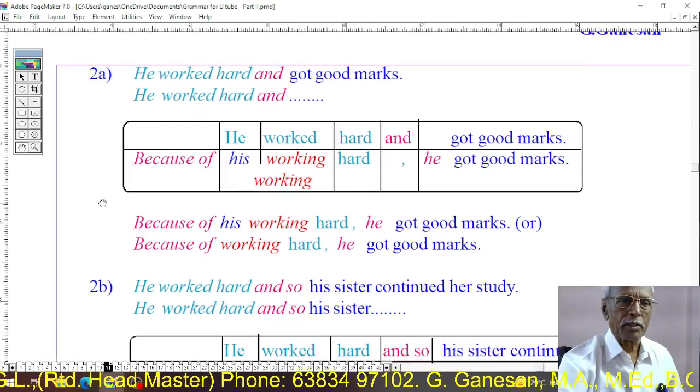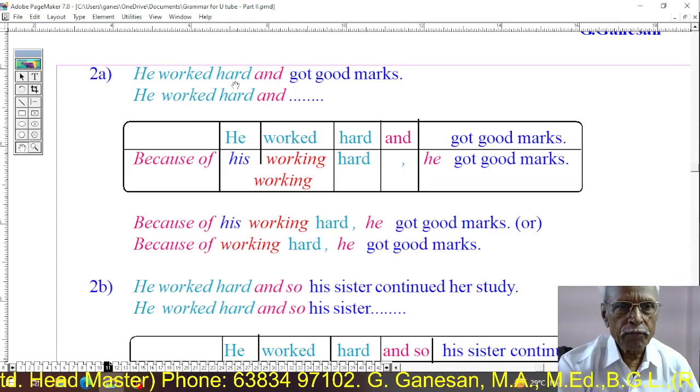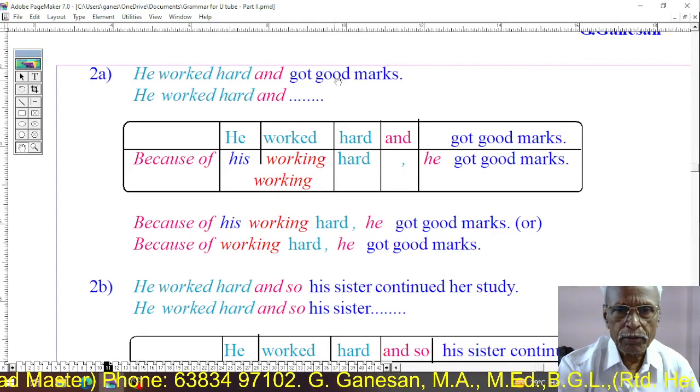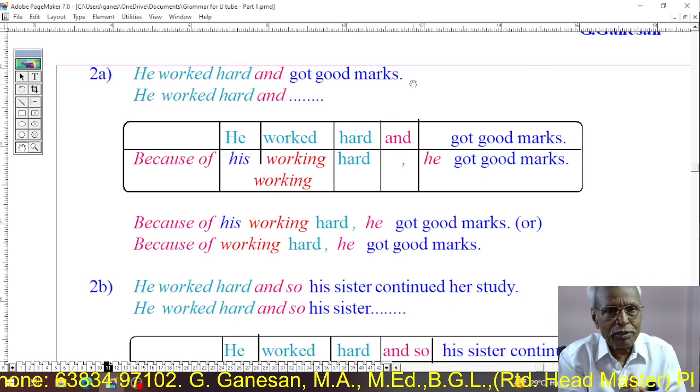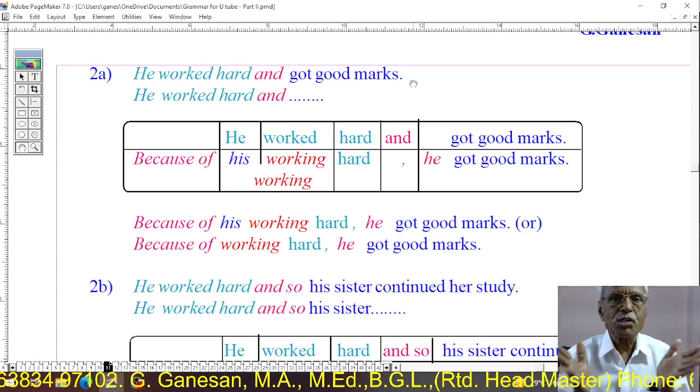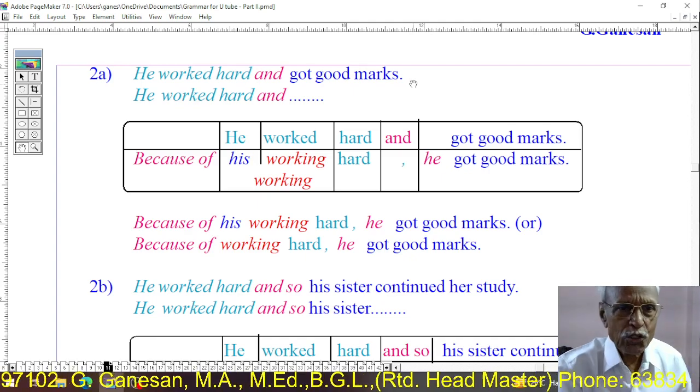Then the second example. He worked hard and got good marks. That is, as he worked hard, he got good marks. Because of working hard, he got good marks. You see?